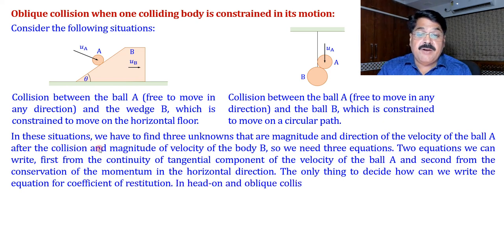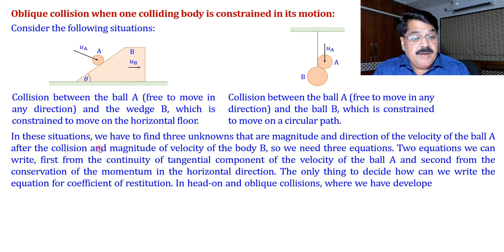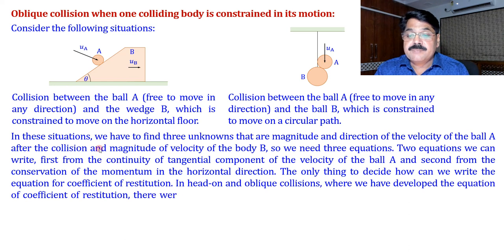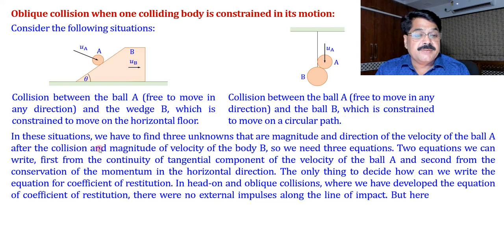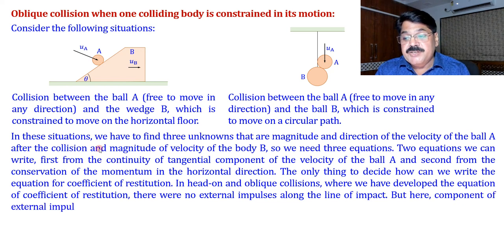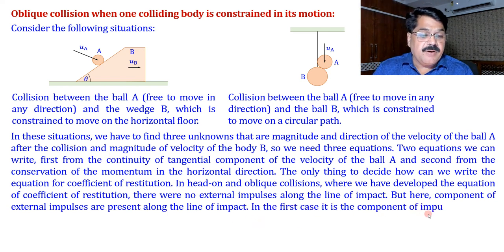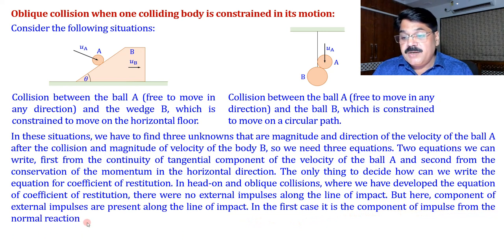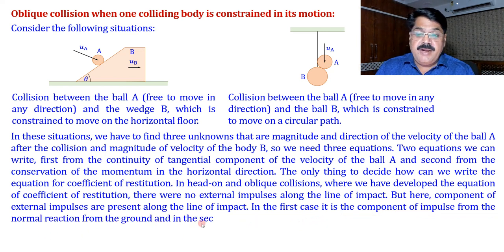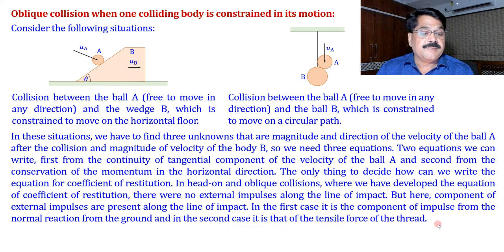In head-on and oblique collisions, where we developed the equation of the coefficient of restitution, there were no external impulses along the line of impact, but here components of external impulse are present along the line of impact. In the first case, it is the component of the impulse from the normal force from the ground, and in the second case, it is that of the tensile force of the string. So that is a complete description of the idea.